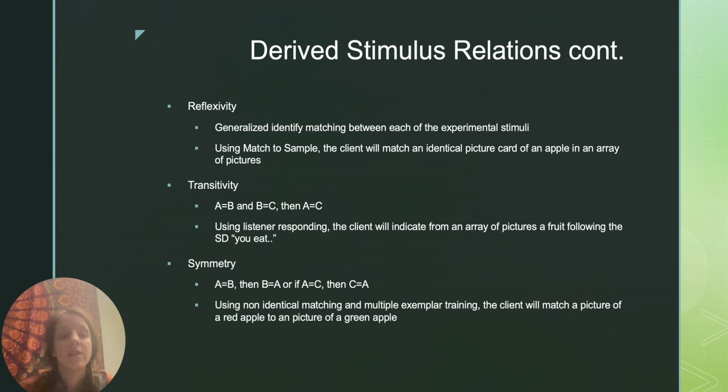Next is transitivity. The example is if A equals B and B equals C, then A equals C. So we're teaching the relation of A and B and C, and then the learner is using that derived stimulus relation to conclude that A equals C. So if we teach our client that an apple is a fruit, and we teach them that fruit is something you eat, when we run a listener responding program, the transitivity is implemented when the client can indicate from an array of pictures a fruit following the SD of you eat.